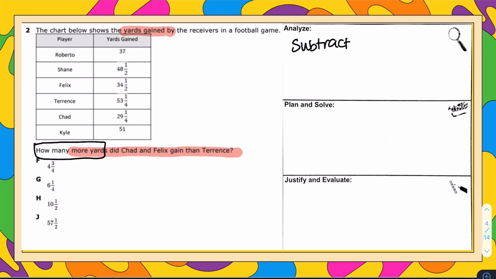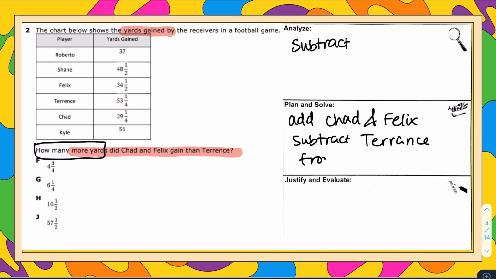And when we're planning, we're going to add Chad and Felix, and we are going to subtract Terrence from them. Again, to justify this, you can use same sign add, different sign subtract.